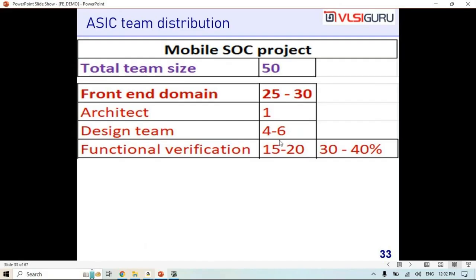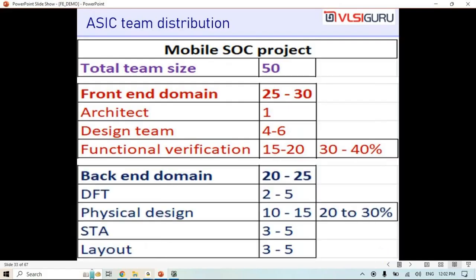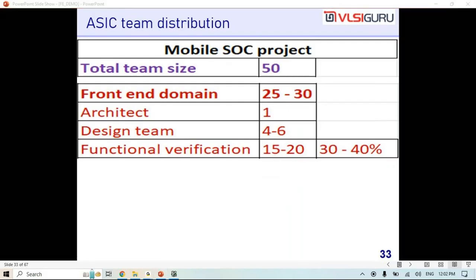Around 4 to 6 people. But verification requires 15, 20. So which team requires more people? Verification.